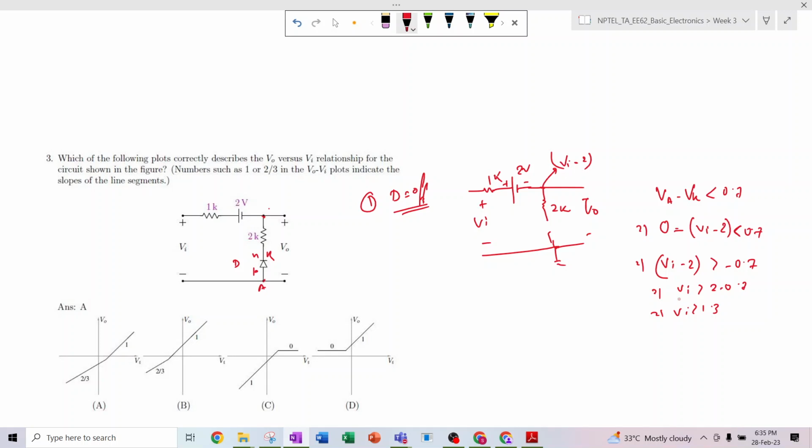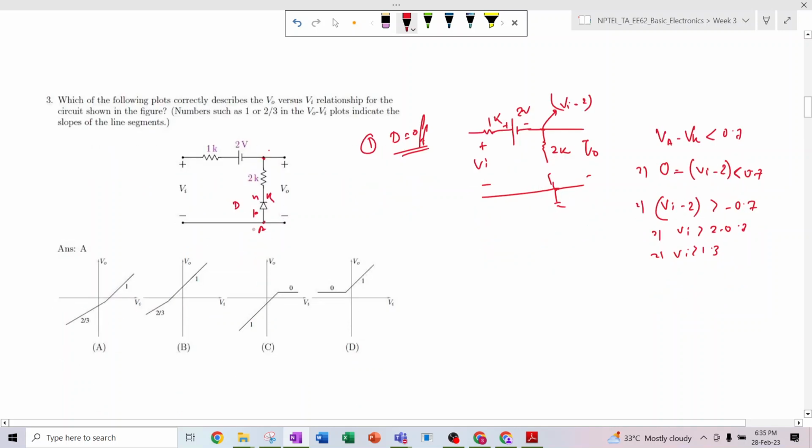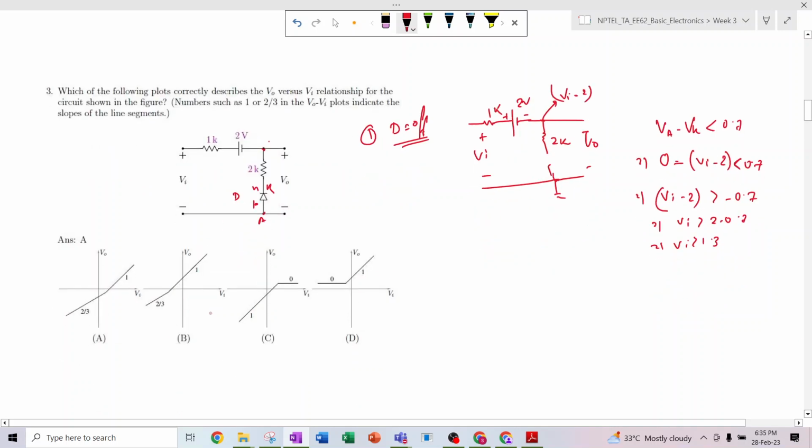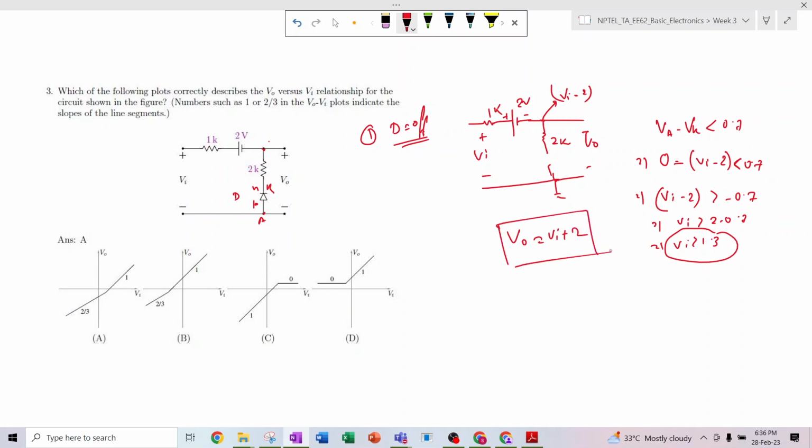Okay, so it will be 1.3. So this is the case, and then VO will become nothing but Vi plus 2. So this is the case.